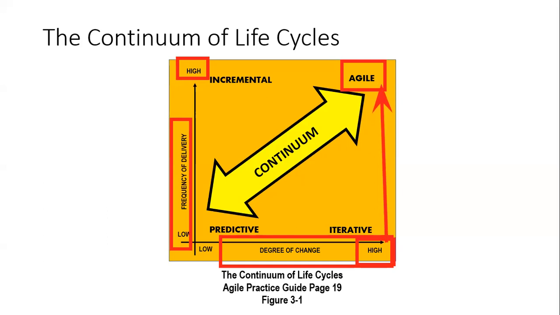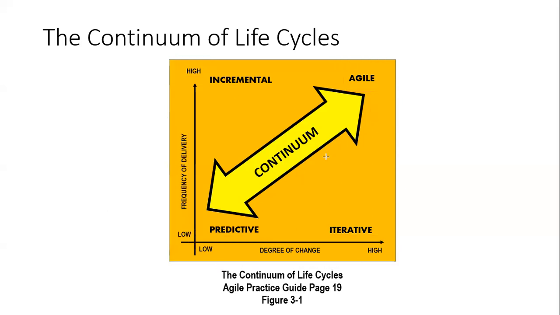Now, when we talk about it being best to use Agile, we're not saying it has to be one or the other. And this has been talked about quite a lot in the Agile Practice Guide. All we're saying is the likelihood is that on this continuum that you're looking at, right here, see the continuum, if you have a high frequency of delivery and a high degree of change, then you are better off being on one of these sides.